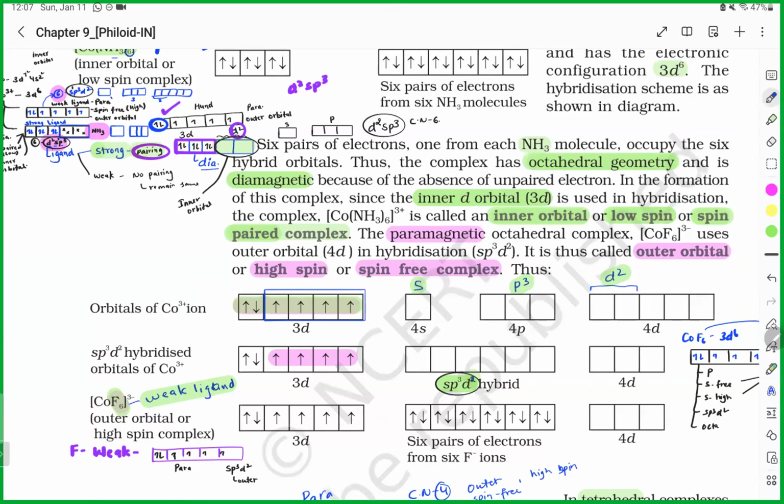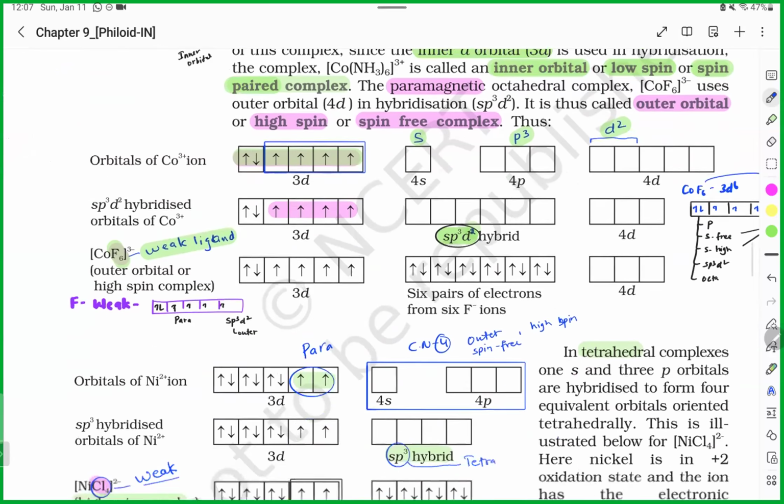If outer, outer orbital complex. If unpaired electrons, paramagnetic, high spin, spin free. Diamagnetic, all are paired, so spin paired, low spin. Done. Any doubt, guys?